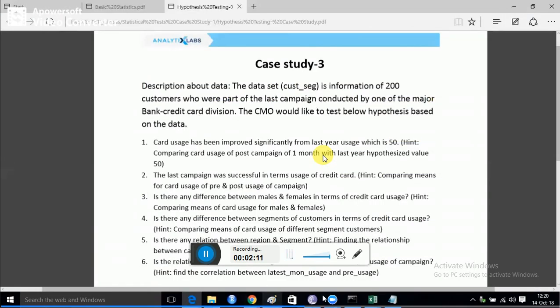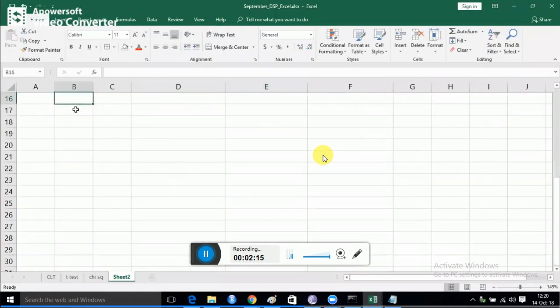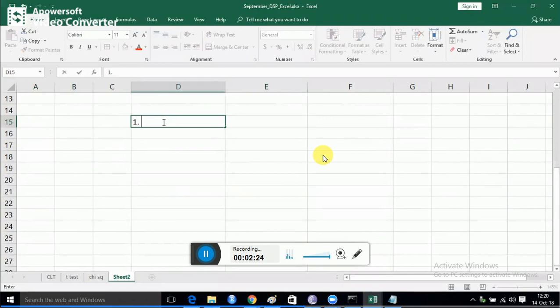The first question says that the card usage has improved significantly from last year.